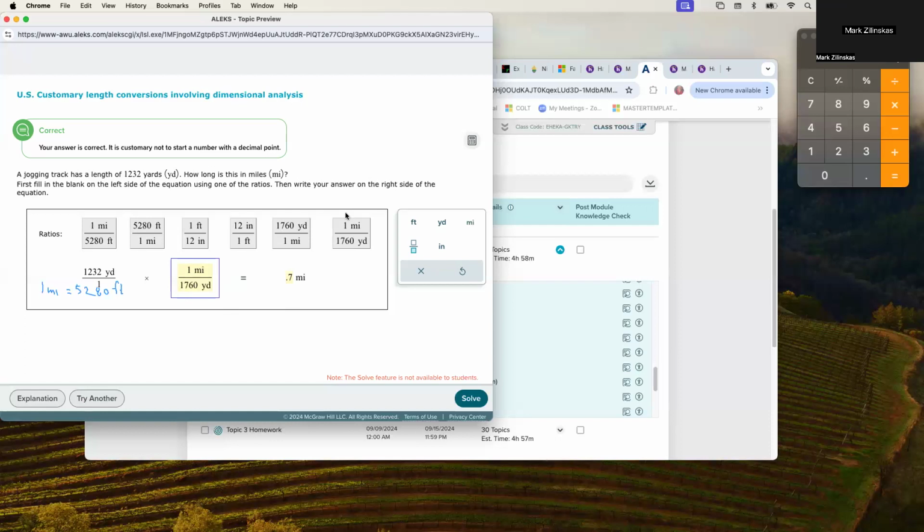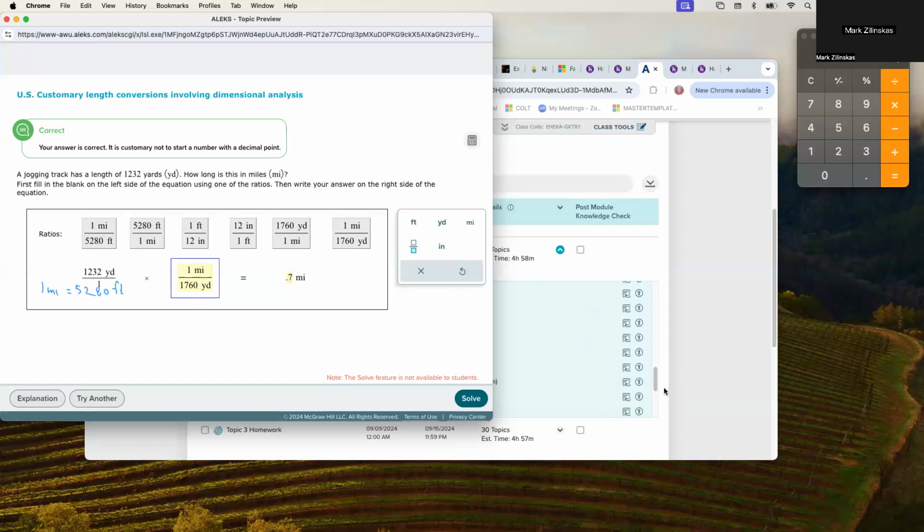I could go back and do this problem again with 1 mile equal to 1,760 yards, and just use the other technique I used first. That would work as well. But they're kind of forcing you to do it this way, so there's no sense in taking the other approach for these types of problems.